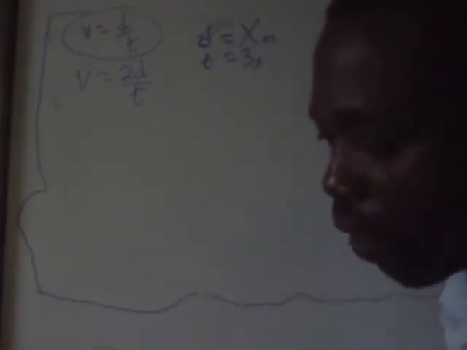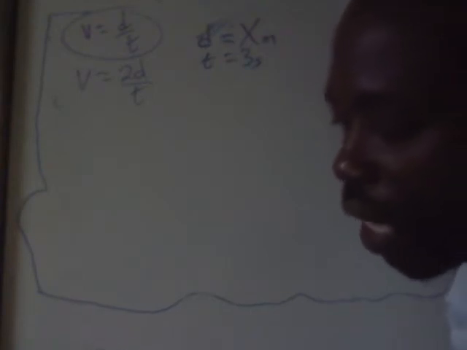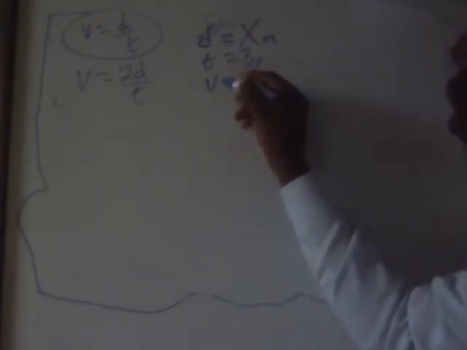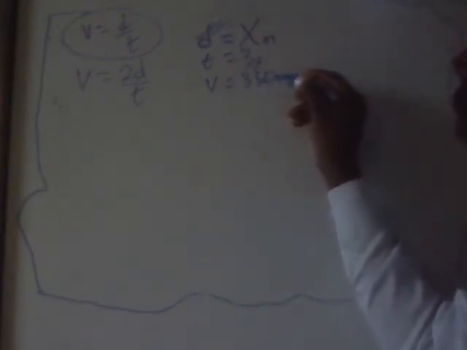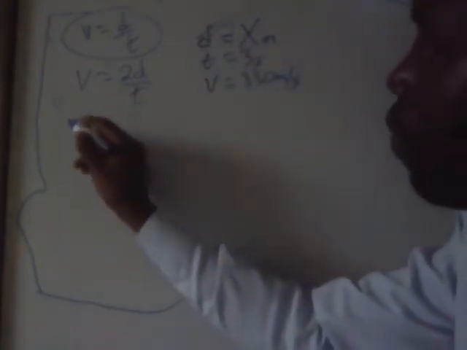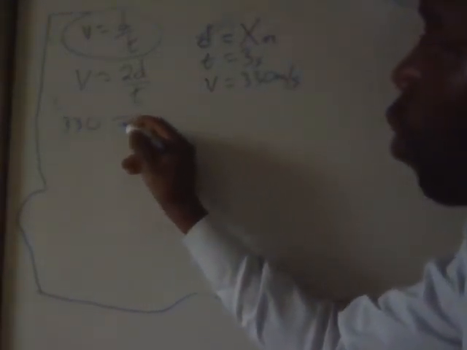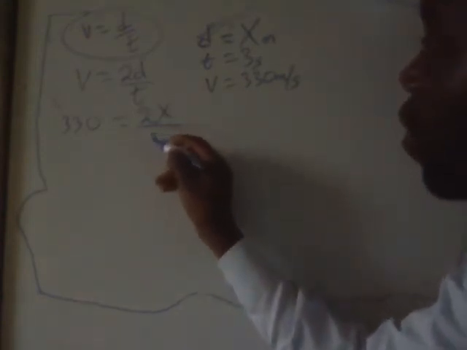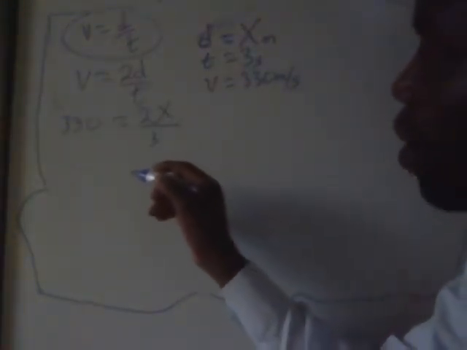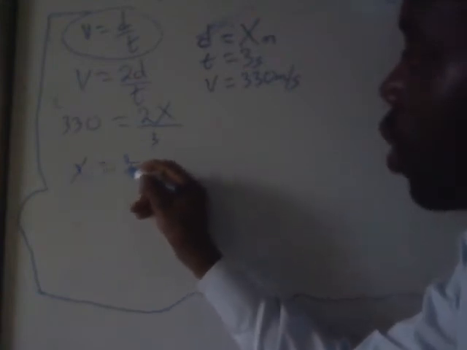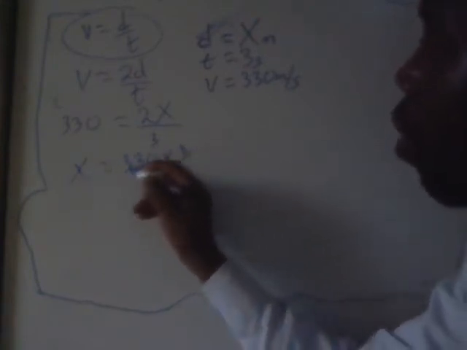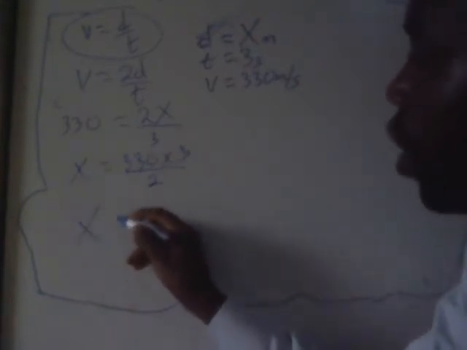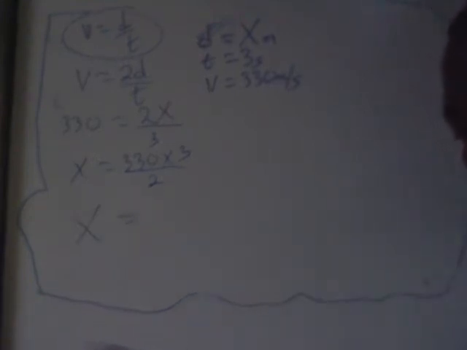Determine the value of X. The speed of sound in air is 330 meters per second. So let's substitute: V is 330 equals 2 times X over time, and time is 3. Cross multiply and make X the subject. We have X equals 330 times 3 over 2.